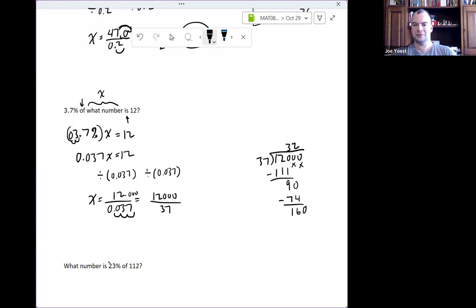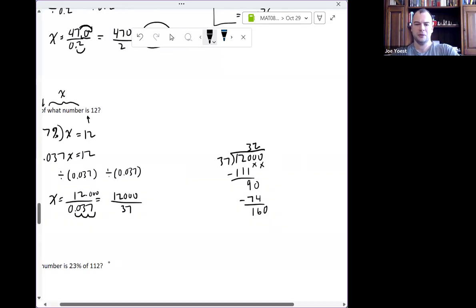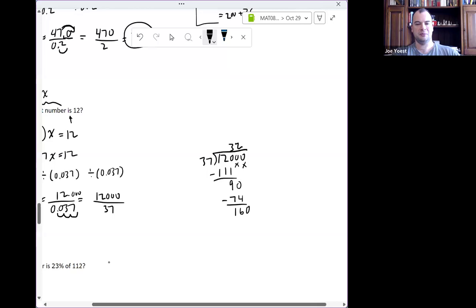I'll bring down my 0. Does 37 go into 160? Yeah, sure it does. I know it goes in at least 3 times because 3 times 37 is 111. What is 4 times 37? Is that more than 160 or less?